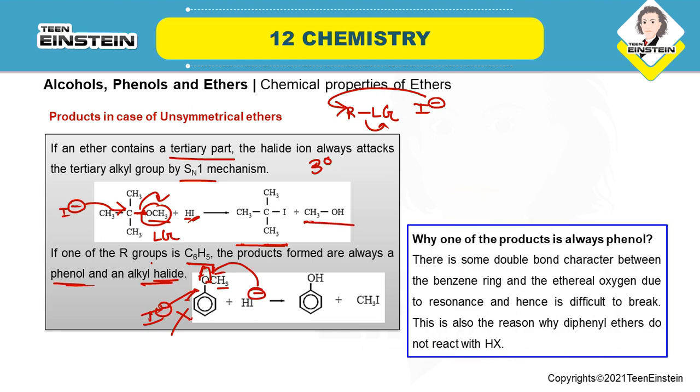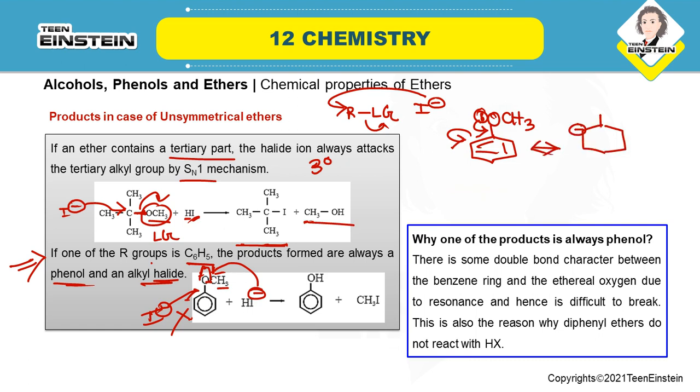Now a question may arise: why is one of the products always phenol? This question is for the second point. There is some double bond character present between the benzene ring and the ethereal oxygen. So if I write the same molecule, OCH3, there is double bond character present because of this type of resonance.